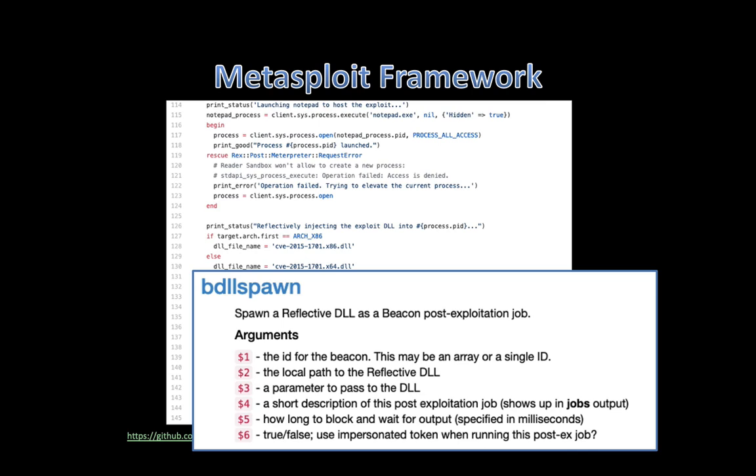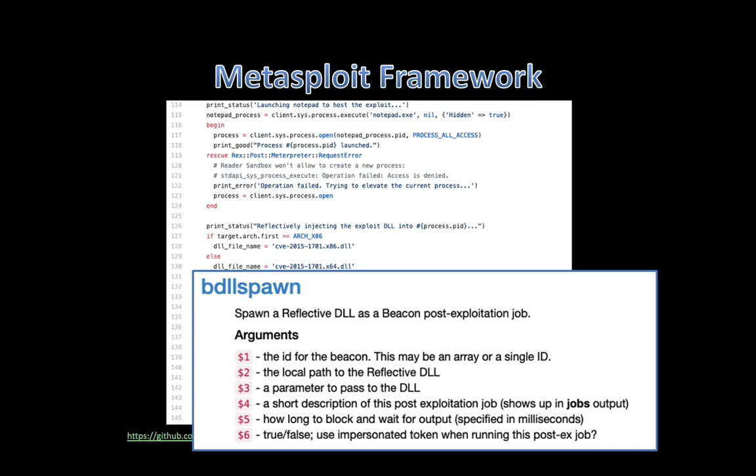When this function is run, it tasks a beacon to run a temporary process, copy the reflective DLL and the parameter over to that temporary process, and to create or hijack a thread to run that reflective DLL entry point and pass it a pointer to the parameter. This is the exact same thing the Metasploit Framework is doing in this module.